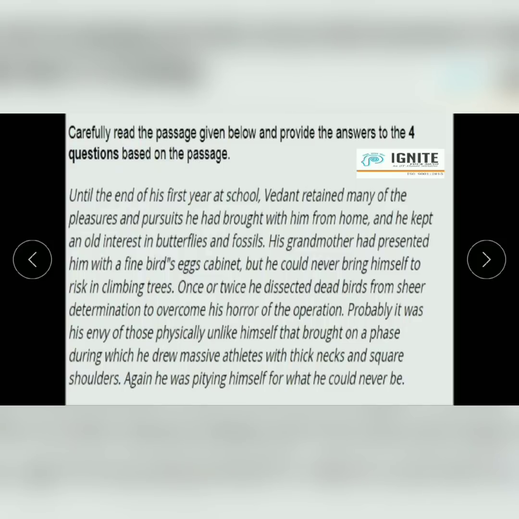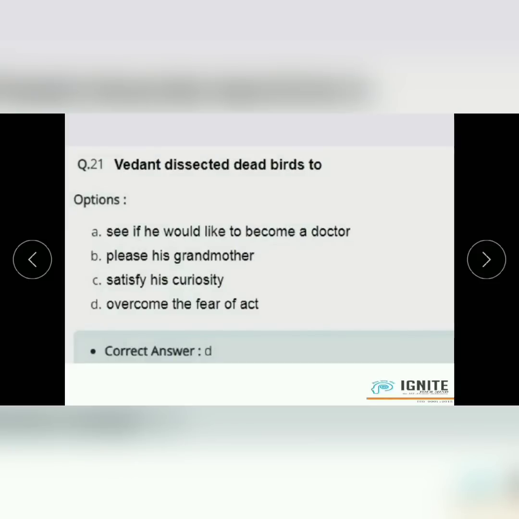From this passage, once or twice he dissected dead birds from sheer determination to overcome his horror of the operation. Therefore, the correct answer is to overcome the fear of the act.